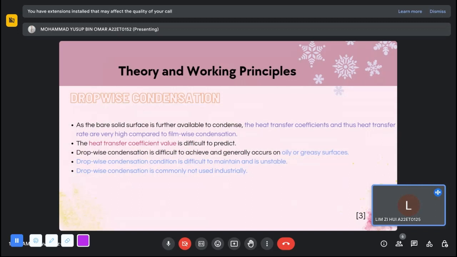But dropwise condensation also has its disadvantages: the heat transfer coefficient is difficult to predict, and dropwise condensation is difficult to achieve and generally occurs on oily or greasy surfaces. So the dropwise condensation condition is very difficult to maintain and is unstable. Although its heat transfer coefficient is high, it is not commonly used in industry.